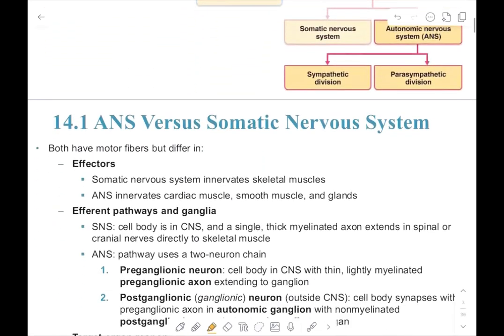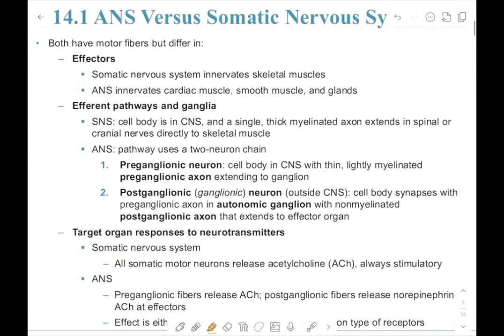So let's take a look at the difference between the autonomic nervous system versus the somatic nervous system. And recall, the somatic nervous system goes to the body and it is voluntary. So one of the big differences here is that the autonomic nervous system is automatic or involuntary.